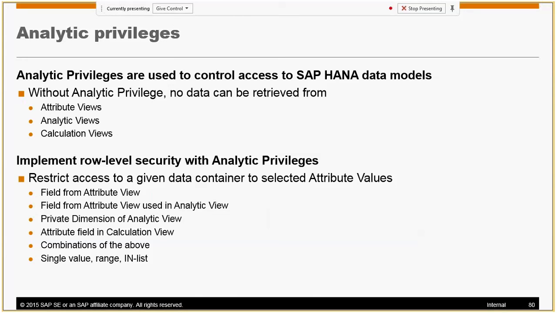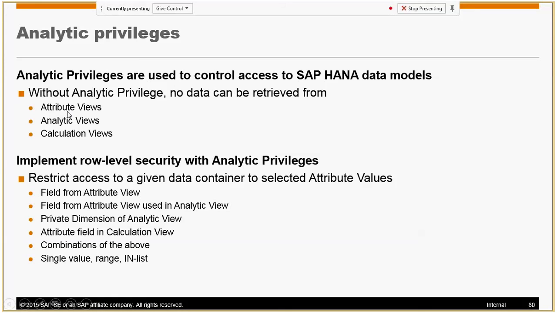Okay. Last type of privileges, and that's probably one of the most difficult ones in terms of structure, options and features, is the analytic privilege. I hope you are already familiar, at least a little bit, with the concept of attribute view, analytic view, and calculation views, because then it's easy to understand.